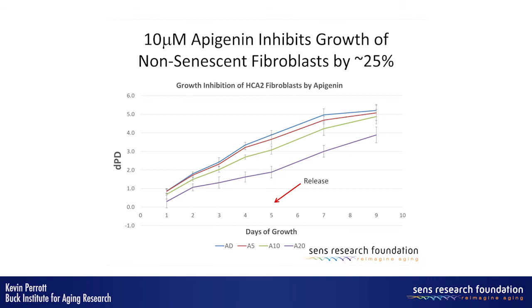Day 5 is when I actually released those fibroblasts from treatment just to see whether or not they would re-enter the cell cycle, and they do. So there isn't something happening that's causing some sort of irreversible inhibition by Apigenin. So we were gratified by that. 25% is something we thought we could live with.